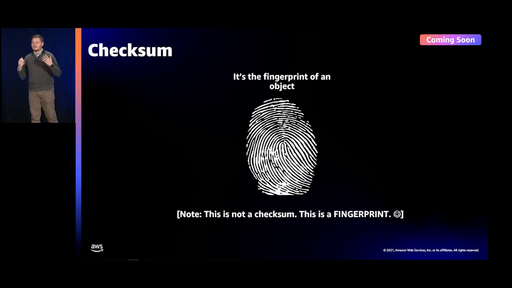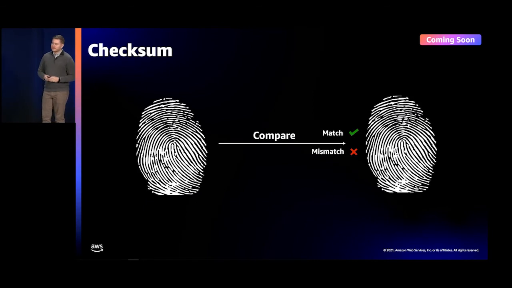So, if you don't know what a checksum is, a simple way of thinking about it is that it's the digital fingerprint for an object which can be used to track any change in data during transmission or at rest. And how do we use checksums? It's simple. You calculate the checksum of the object at the source, then after the transmission, and you compare the checksums.